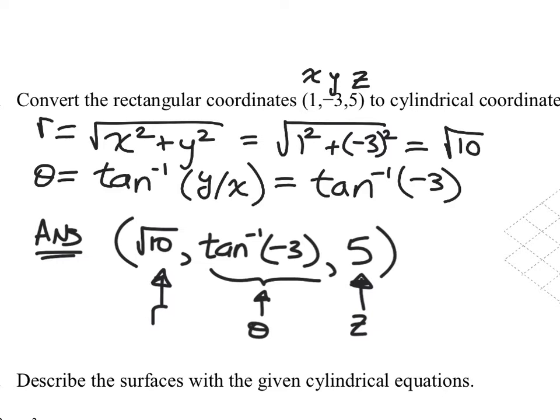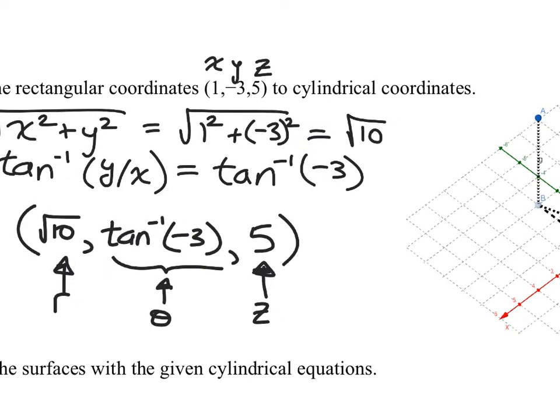I'm going to put my calculator in degree mode and then just hit inverse tangent of -3, see what comes up. We're talking about roughly 72 degrees. All right? So we could say root 10. Now the reality is, if I'm going to estimate the angle, I might as well estimate the radical.